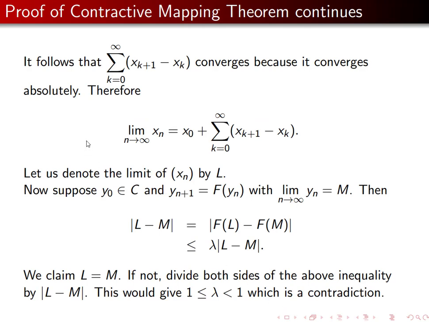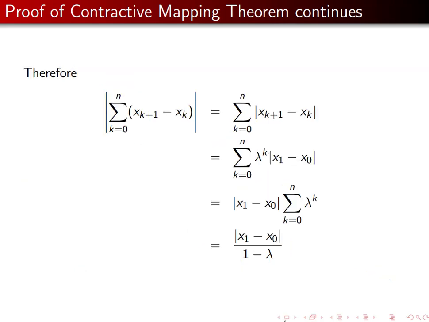It follows that this telescoping sum converges because it converges absolutely. Why does it converge absolutely? Well, it's bounded. This converges because it's bounded above by this. It's a sequence of positive terms bounded above.